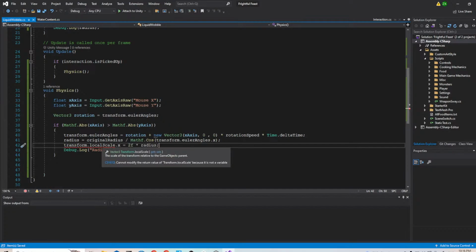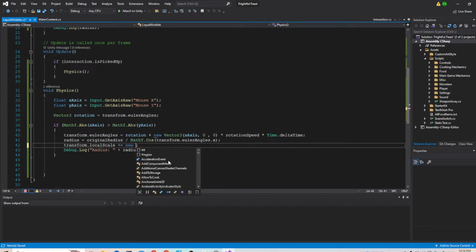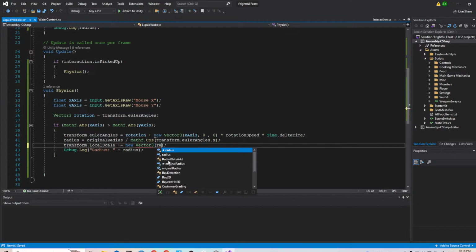Oh, you can't do that. Is equal to, plus equal to new Vector3 radius, or 2 times radius, 0, 0, 0.